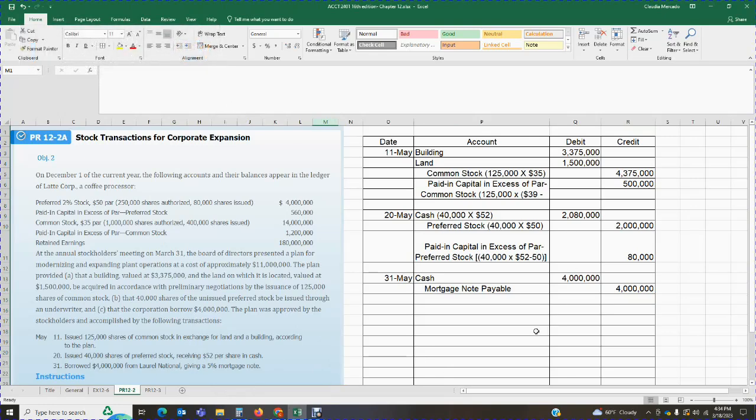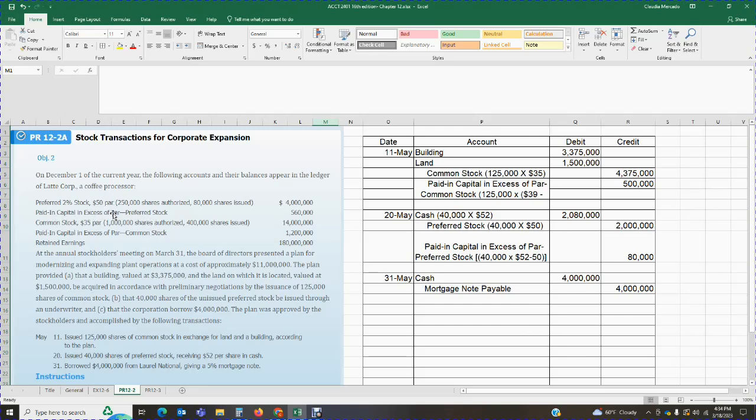Also, when recording our entries, we always record the common stock at par and the preferred stock at par, and then we have an excess that is accounted for in a separate account, either paid in capital in excess of par for common stock or paid in capital in excess of par for preferred stock. Those accounts basically keep track of how much was paid in excess of the par value.